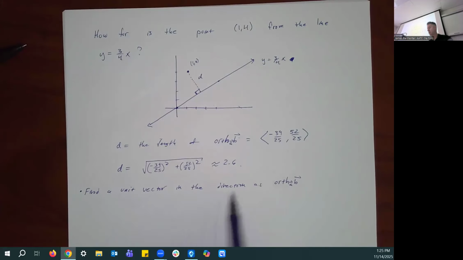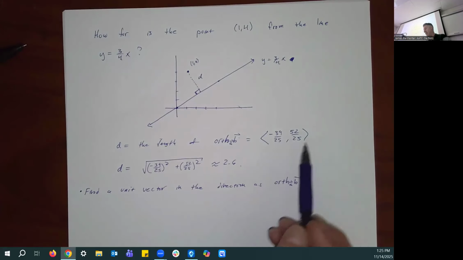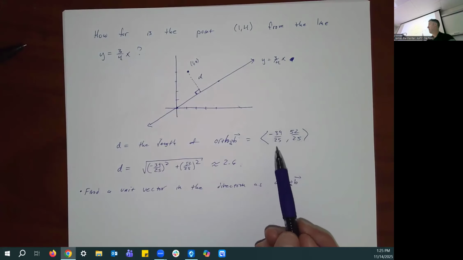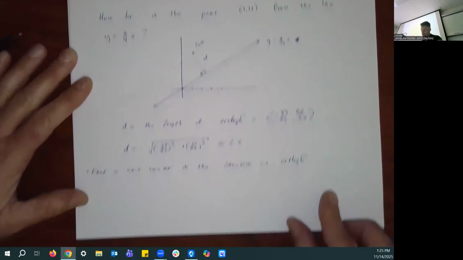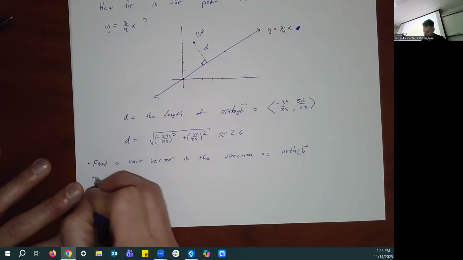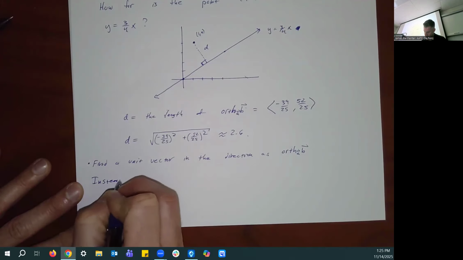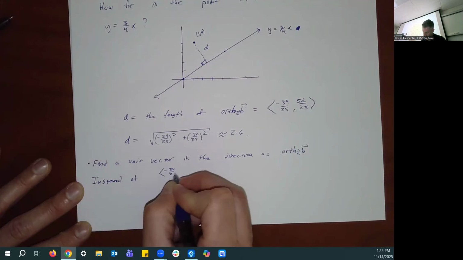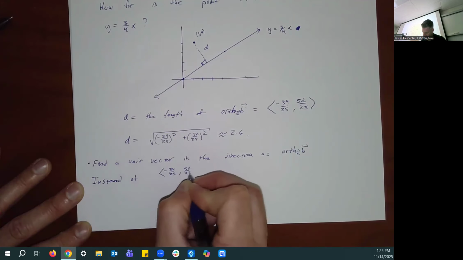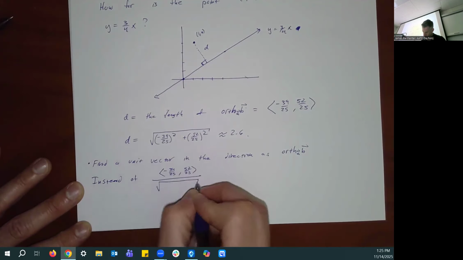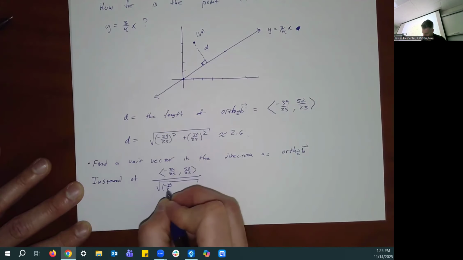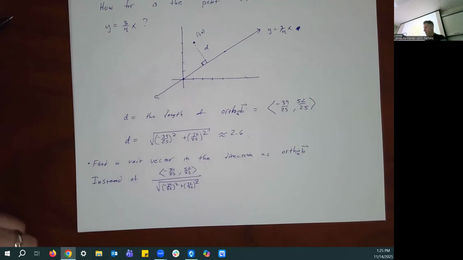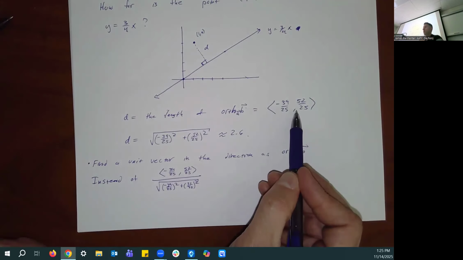Another option is to say, well, I can take any vector that points in this direction and divide that vector by its magnitude. So instead of answering this question with the vector (-39/25, 52/25) divided by its own magnitude, which is that gross thing there, and you don't want to write this down because it's just terrible, you could say, I'm going to multiply this vector by 25.